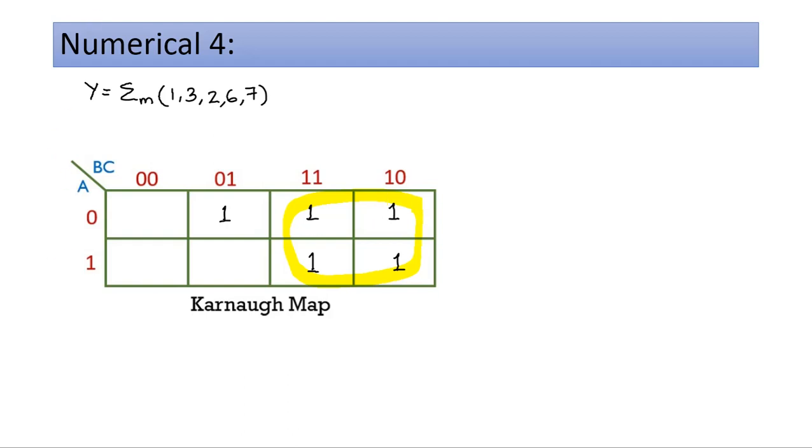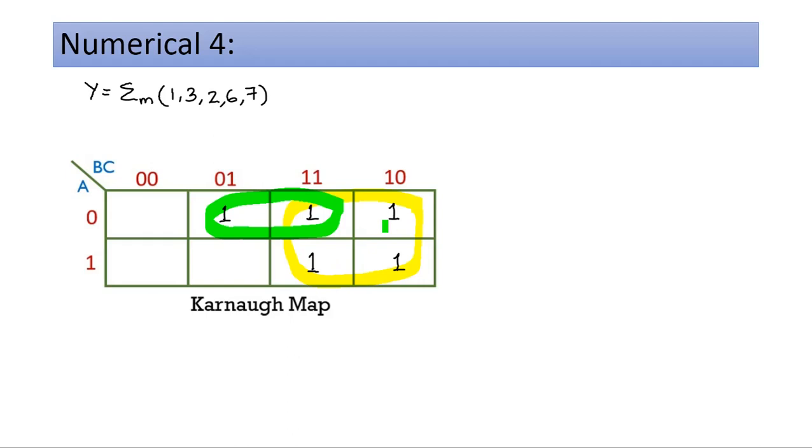The second group can be grouped in this manner. So here you can see I have A bar which is common and C that is common, whereas B bar plus B gets cancelled.